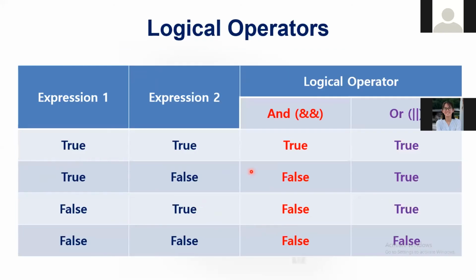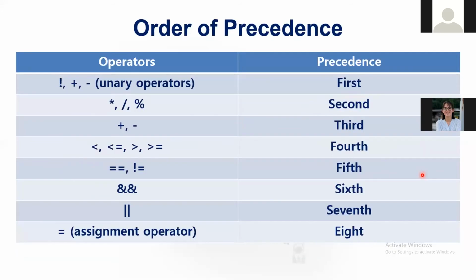These are the things that you need to know: for the and, both conditions must be true, then only everything will be true. Else everything will be false, because if either one condition is false, then it is false already. For the or, if either one is true, then it would be true.